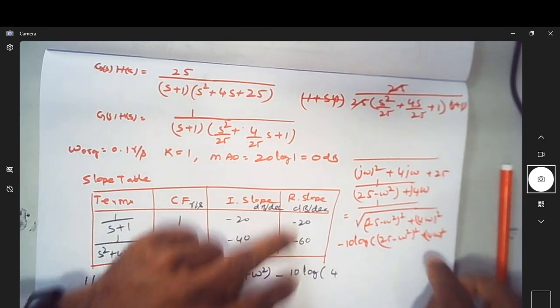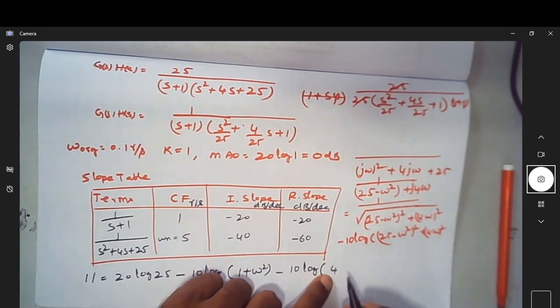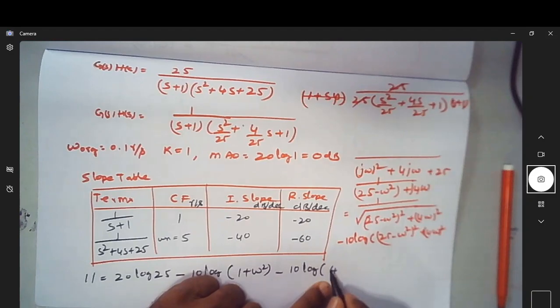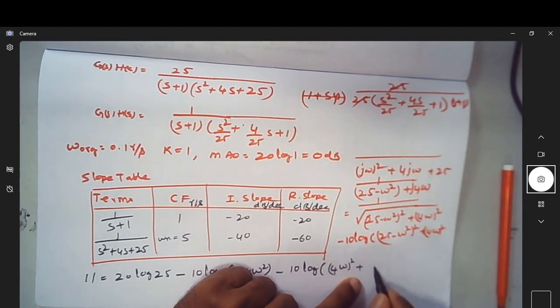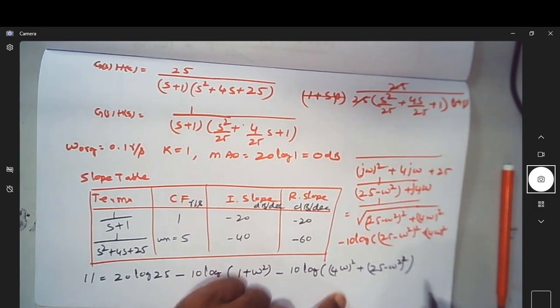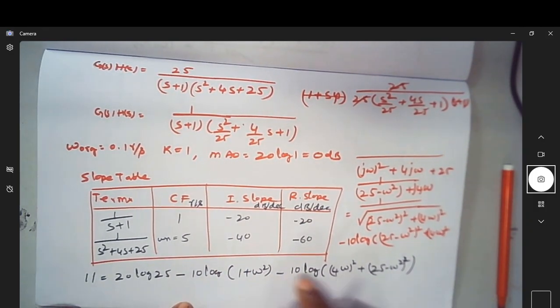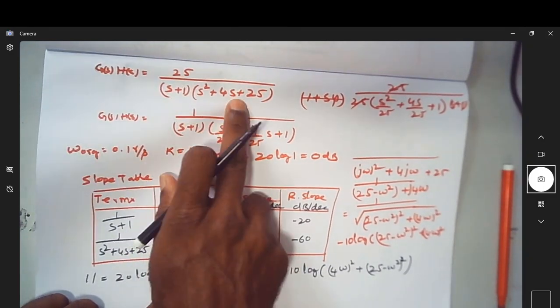So this is minus 10 log 4 omega whole square plus 25 minus omega square whole square. This is the magnitude of this particular term.